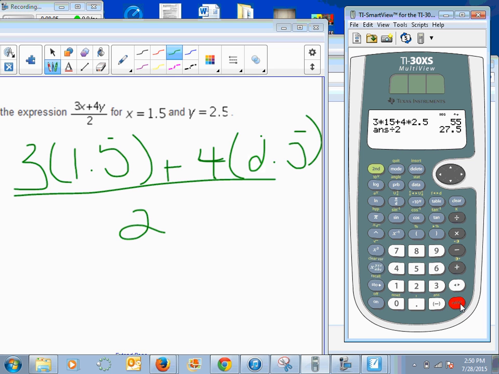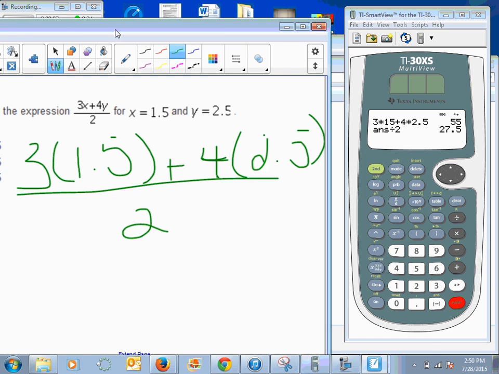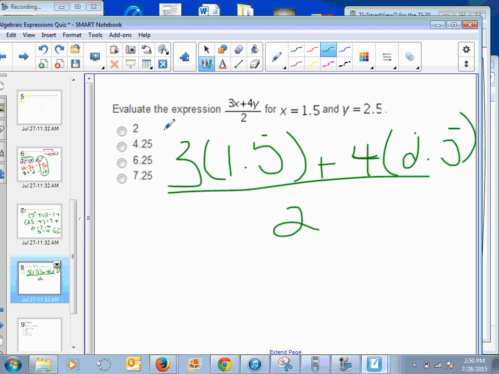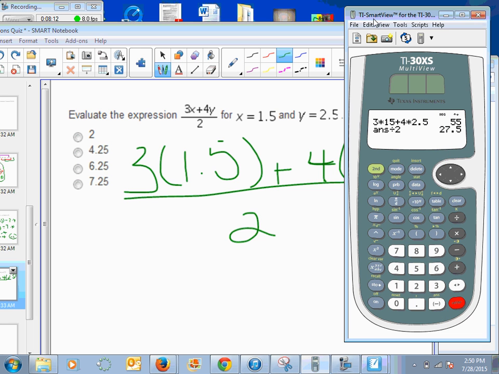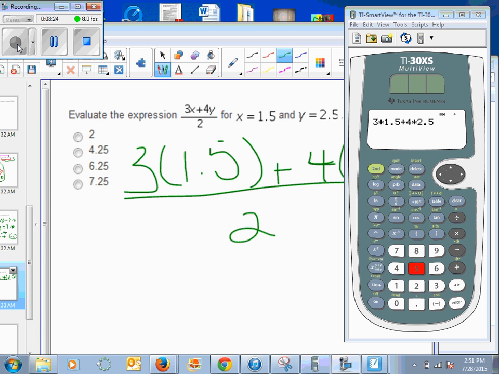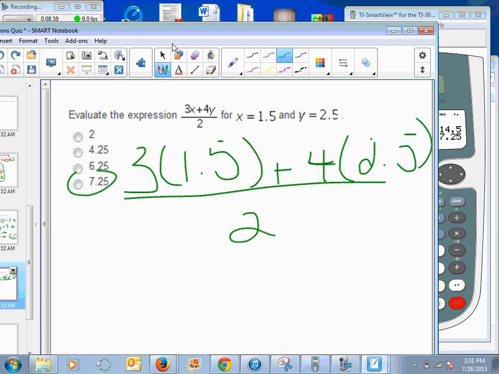There we go. Oh, I messed something up here. What did I mess up? Oh, I didn't put that decimal in there. Let's do this real quick. Okay, so it's better, we've got all that fixed in there. Divide that by 2. 7.25. There we go.